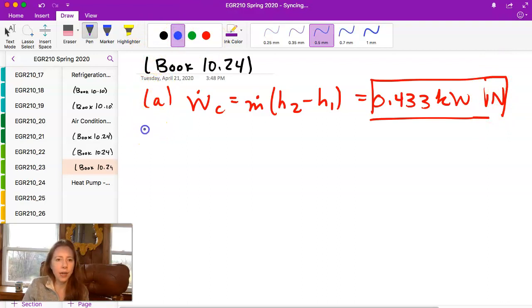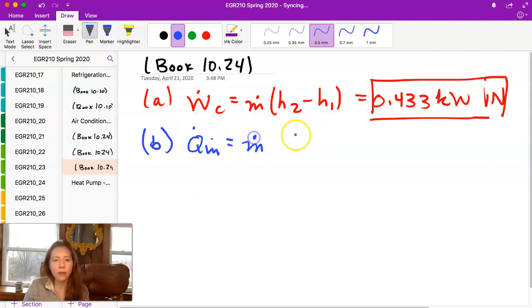Okay, so B, we are looking for refrigeration capacity, so we need our Q dot in, which is going to be equal to m dot for refrigerant 22 times H1 minus H4, which will give us 2.69 kilowatts.